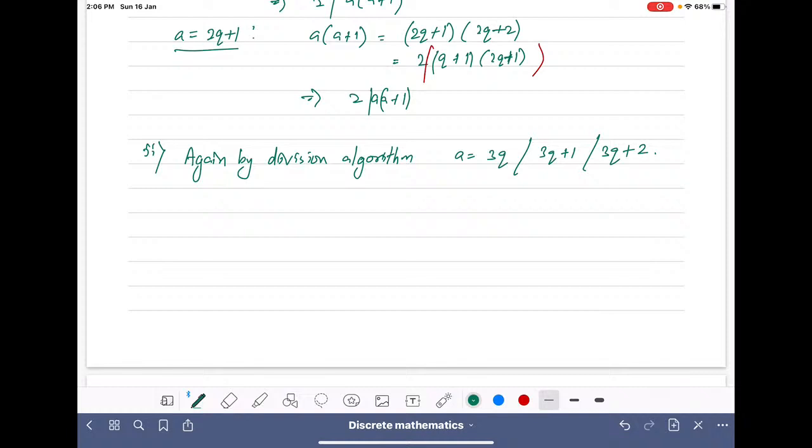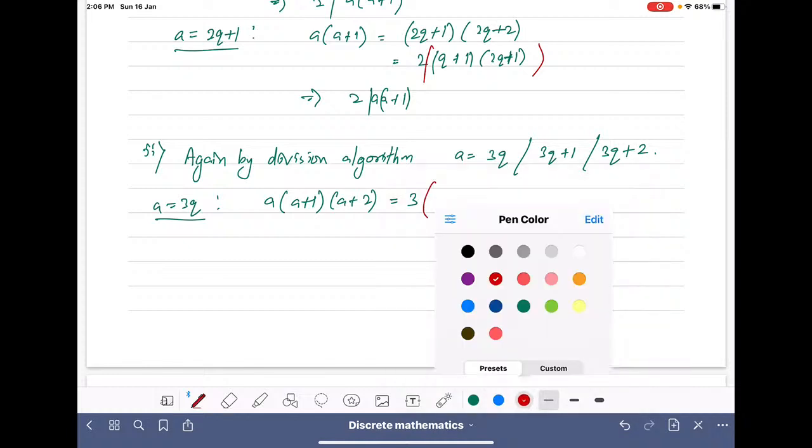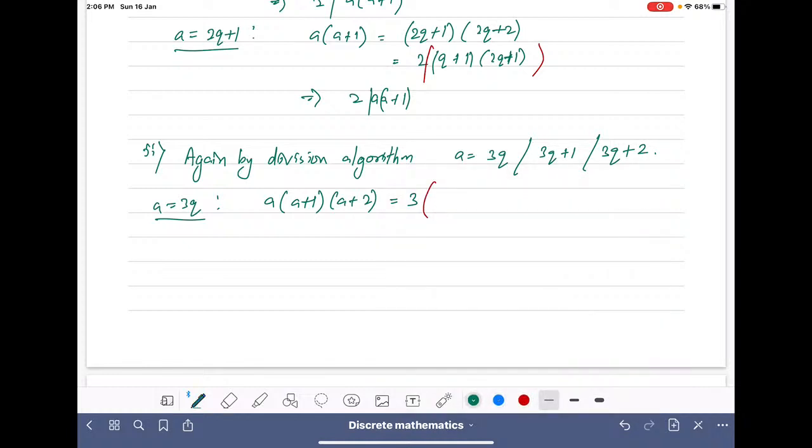When a equal to 3q, it is clear to us that the product will be divisible by 3. a into a plus 1 into a plus 2 becomes 3 into q into 3q plus 1 into 3q plus 2. This is 3 divides the product.